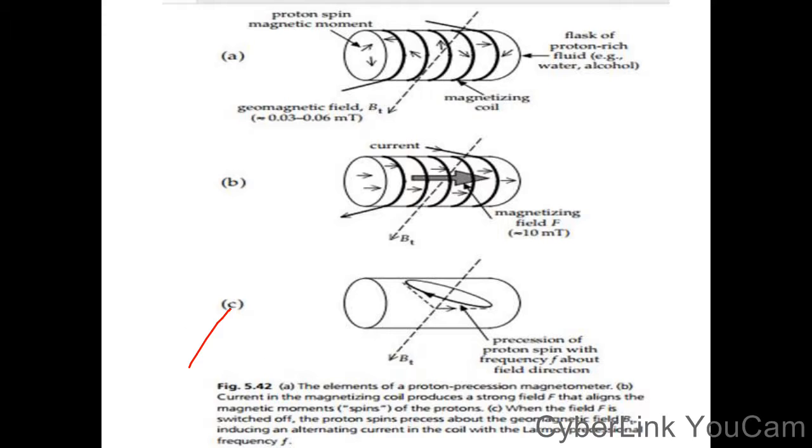And this diagram represents the elements of the proton precession magnetometer. Current in the magnetizing coil produces a strong field F that magnetizes the protons, while the field F is removed by alternating the current in the coil.